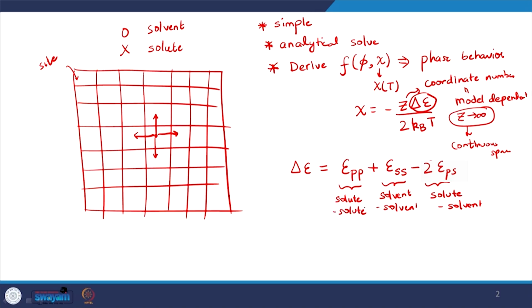So, clearly this delta epsilon has to be determined somehow.